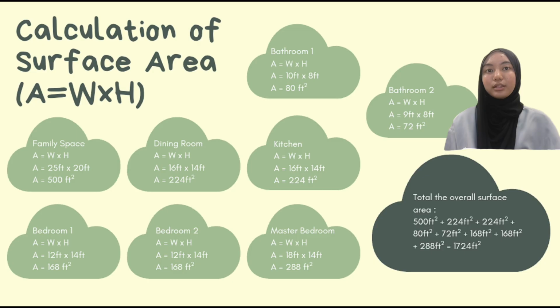After calculating all the requirements, the total overall surface area of the house is 1,724 square feet. This helps us understand the total floor of the house and ensure that this design stays within the budget and the spaces given.